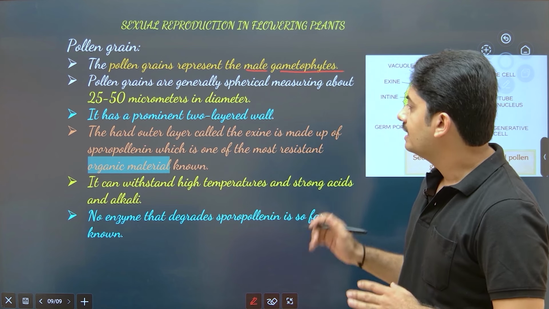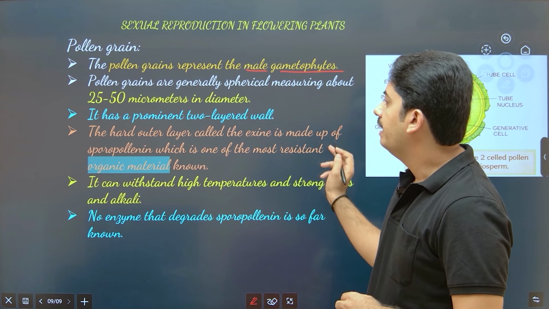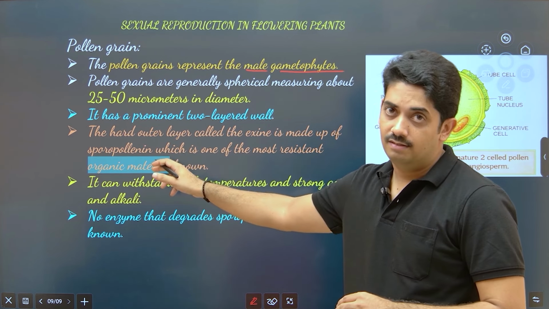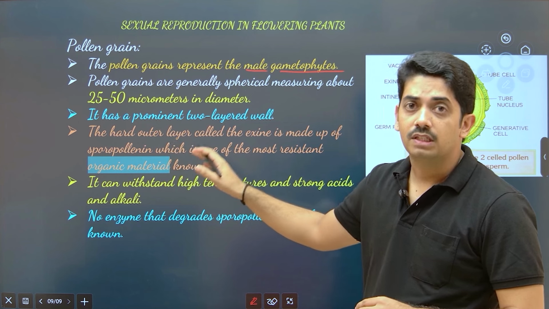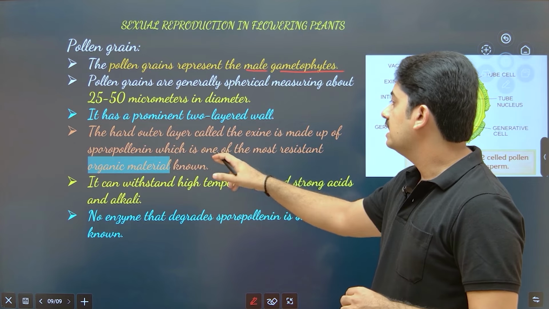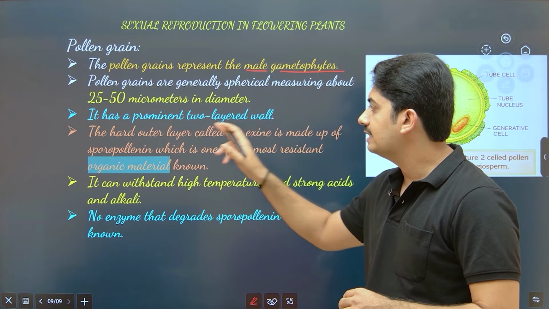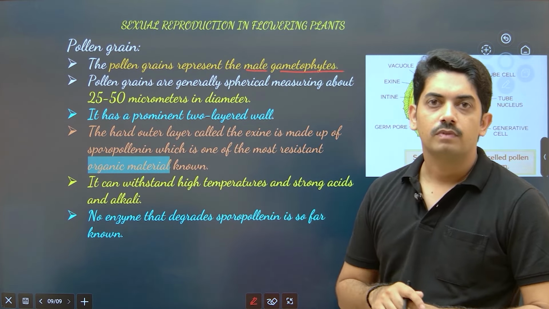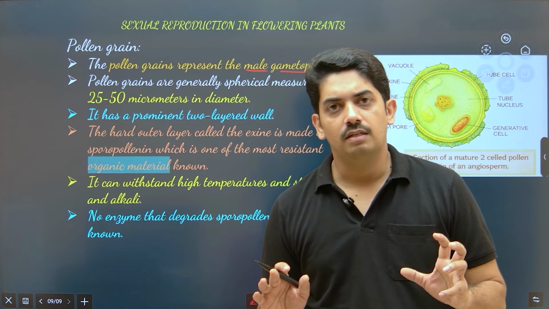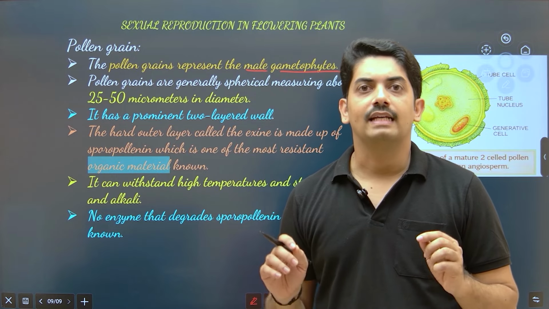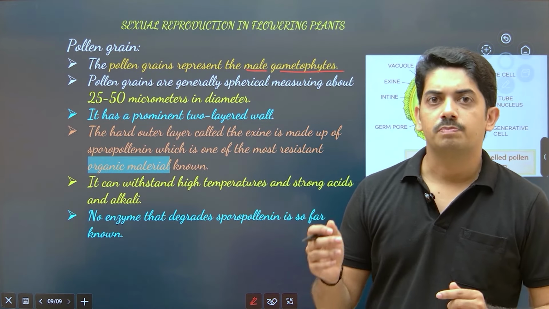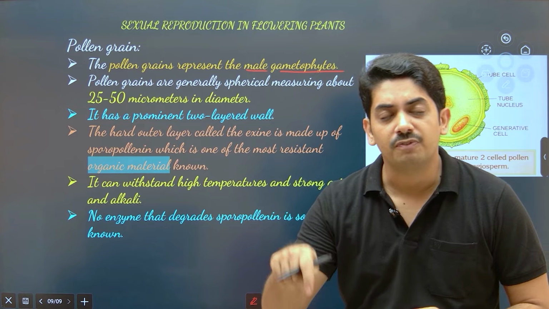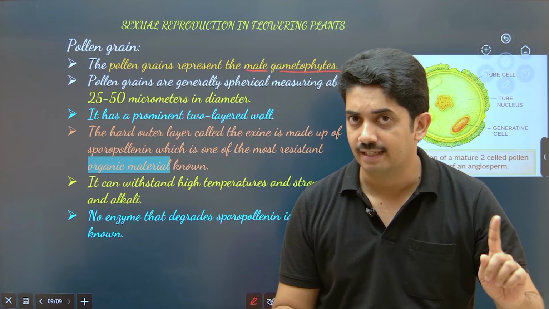Now, exine is made up of sporopollenin. Please remember this word, sporopollenin, which is one of the most resistant organic materials. In exam, all these will matter a lot. Exine is made up of sporopollenin. Sporopollenin is a type of organic material. It is not inorganic.